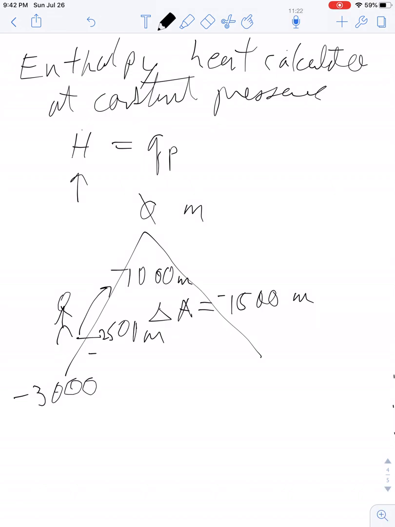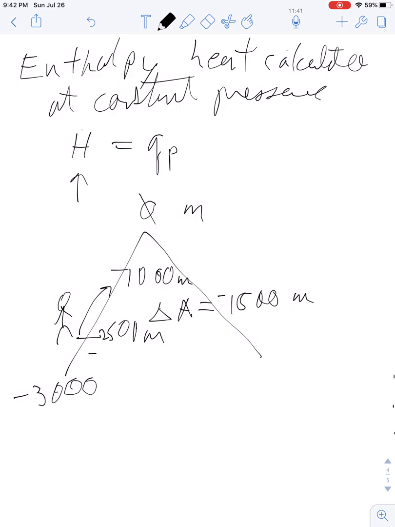I'd still get the same change in altitude. It would just be a negative value. So you can put that either way. It doesn't really matter whether you put the 0 at the top or the bottom of the mountain. The change will be the same.